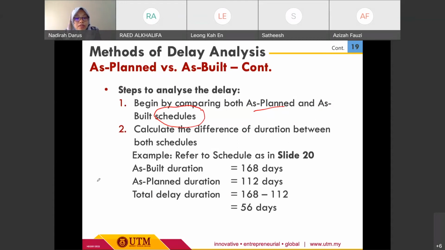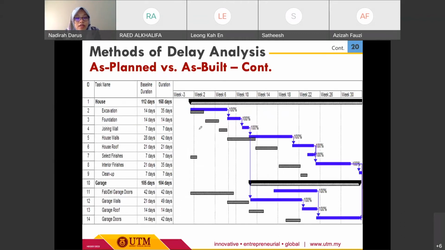For example, this is the schedule that can be used for our example. We refer to the next slide, slide 20. Here, the baseline duration is 112 days, and the actual one is 168 days.